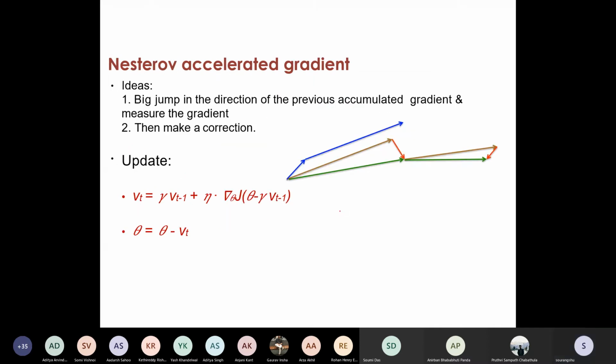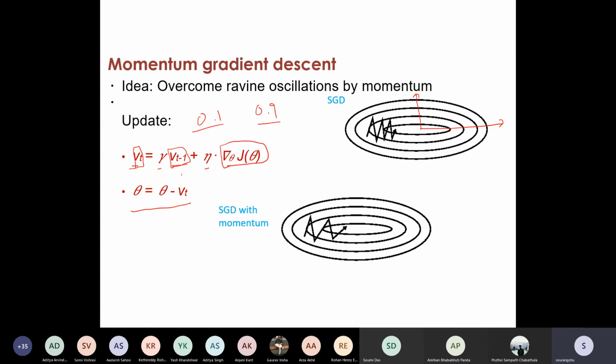Now, what Nesterov pointed out earlier is that there is a flaw in this. So what is the flaw? What is your update going to be here? Your update is going to be theta minus gamma times Vt minus 1 plus this eta times gradient of t.